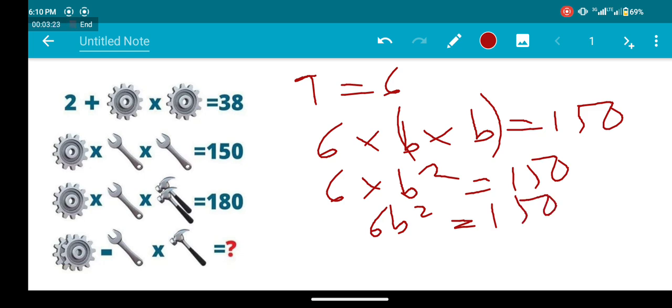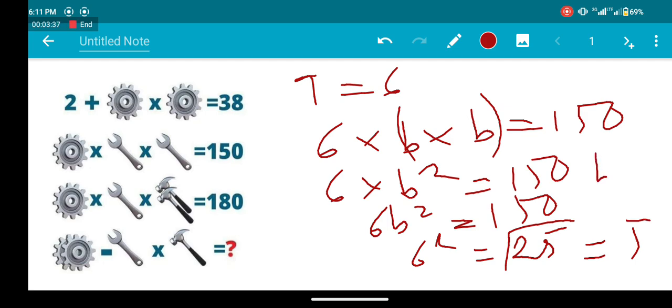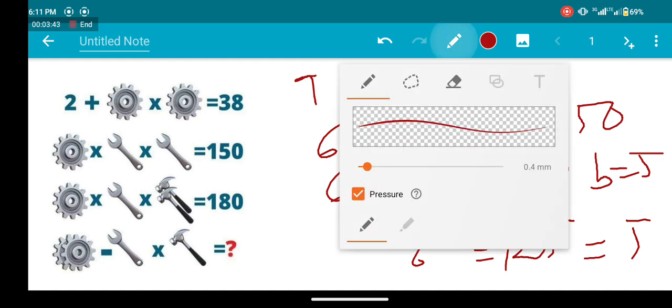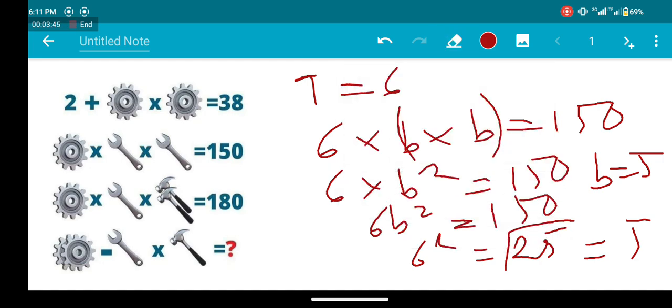When we divide both sides by 6, we have B squared is equal to 25. Now when we take the square root of 25, we get 5. Therefore, our B is equal to 5. Okay, now we know what B is.